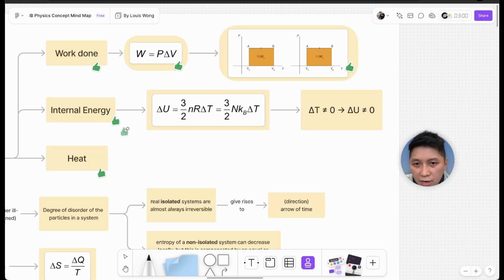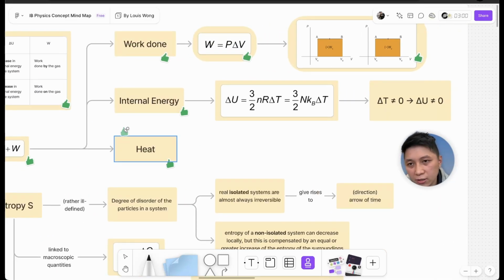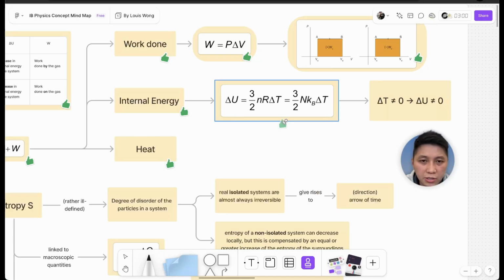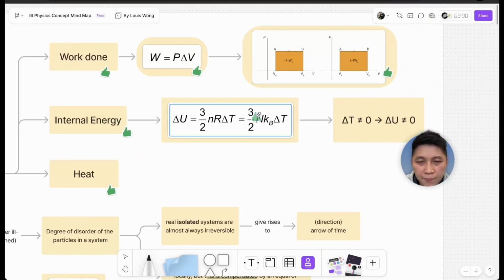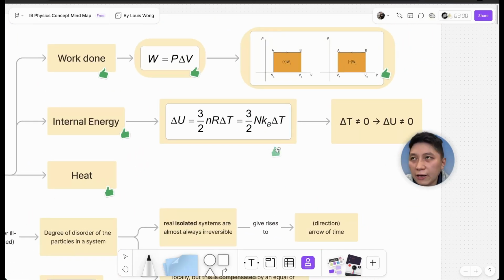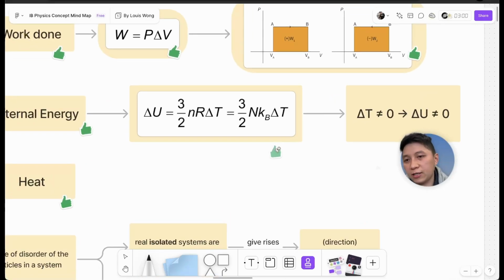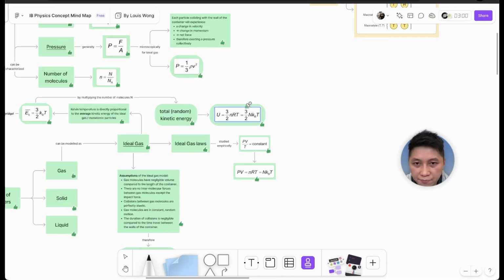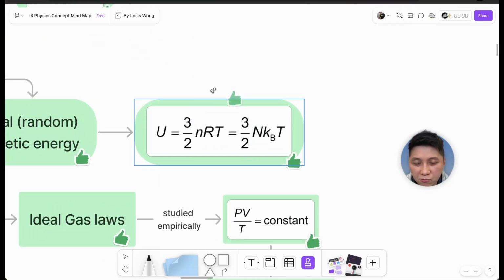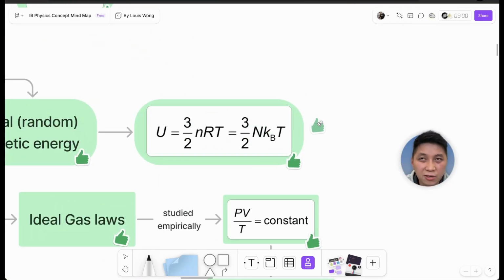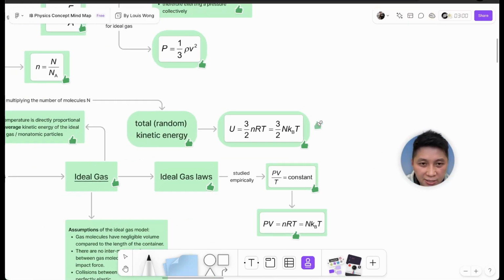And then the internal energy, as we said, U, here is concerning the delta U. So if you are looking for change in internal energy, then you can just find the internal energy before and after. Earlier we have the equation. Remember this one? This one is to evaluate the actual internal energy now, as a state.